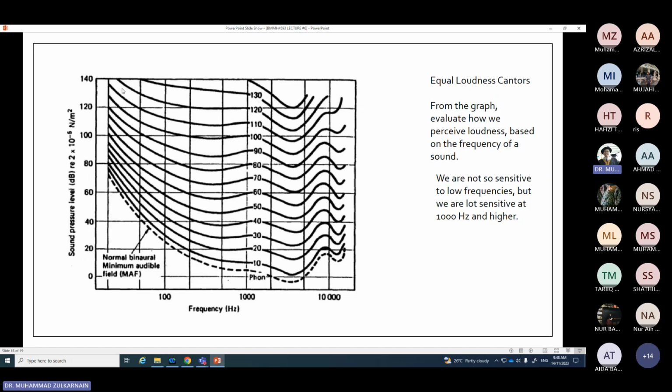This is measured by plotting the sound pressure level in dB against frequency, up to 10,000 frequency.